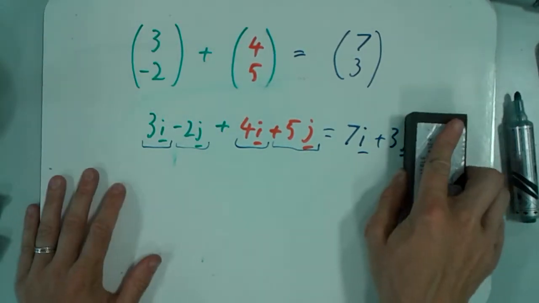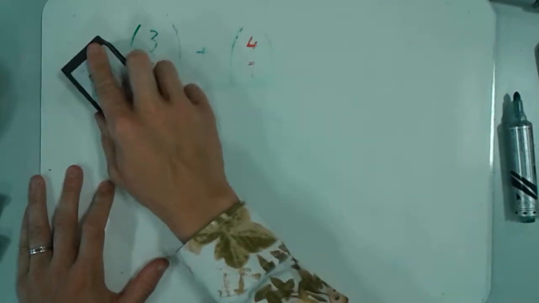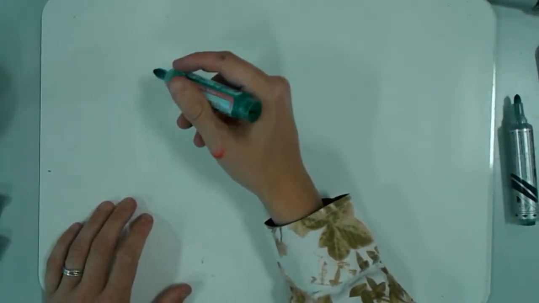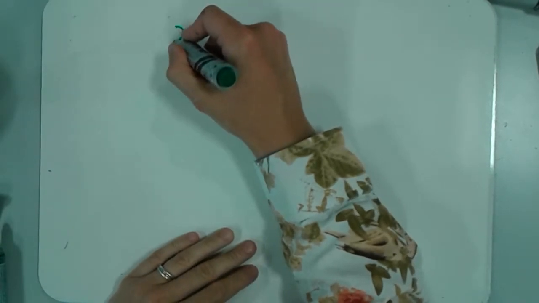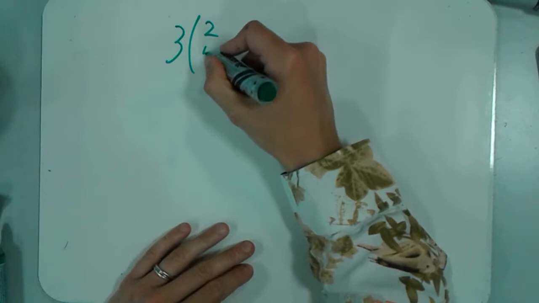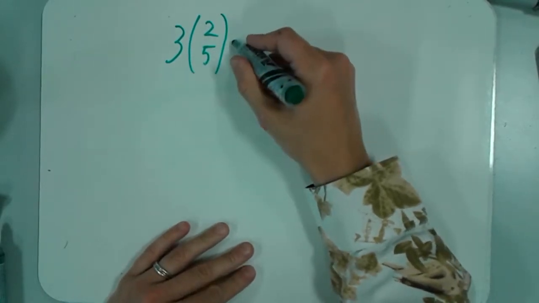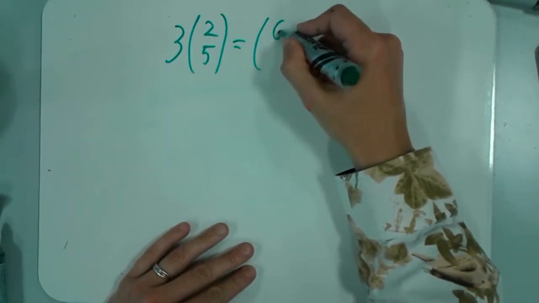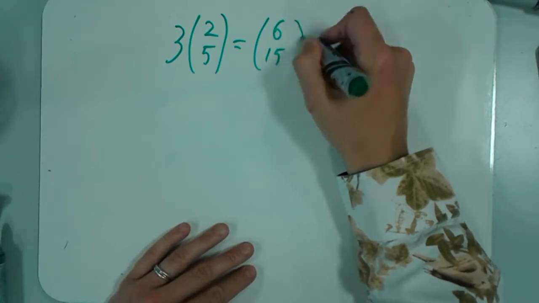What else can we do with them? Well, we can multiply vectors by a scalar. A scalar is something which is not a vector. For example, 3 lots of 2, 5. That is going to be exactly the same as 6, 15.